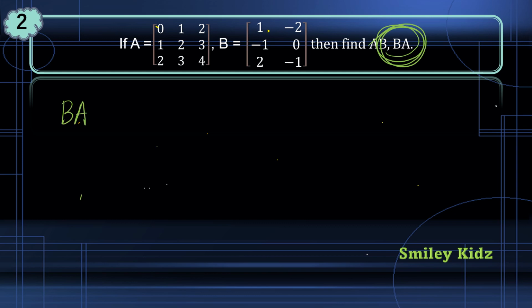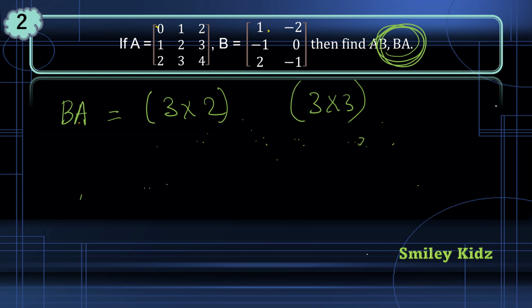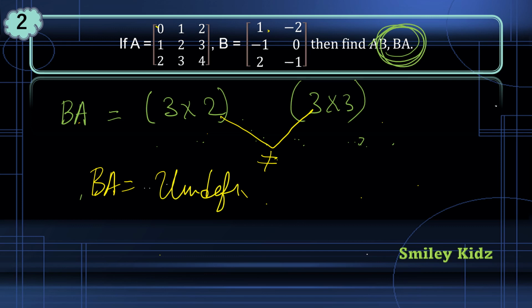B and A will be of the order 3 by 2 into 3 by 3. Now, if you look at their interior terms, are they equal? They are not equal. So multiplication is not possible. So B into A will be undefined. This is the concept that you need to be aware of.